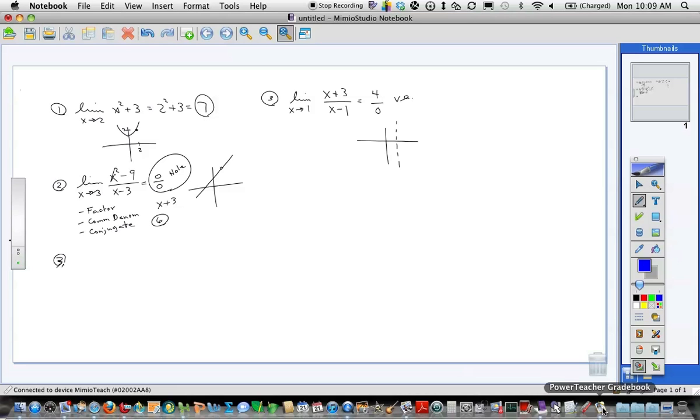A vertical asymptote means the graph is coming up near that asymptote, going up to positive or negative infinity. This is where you have more work to do. It is true to say that the limit does not exist. That is the correct answer to this problem. The limit does not exist.